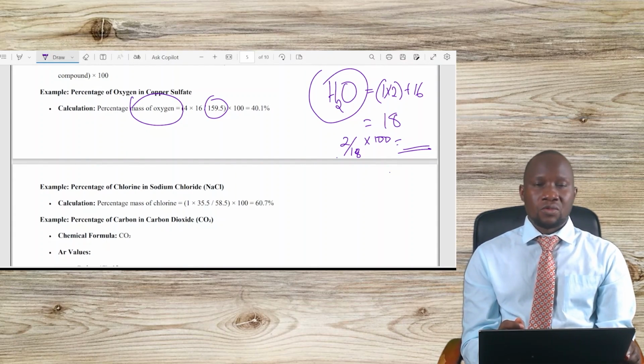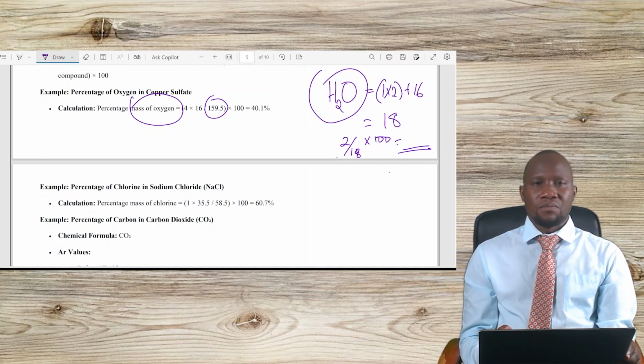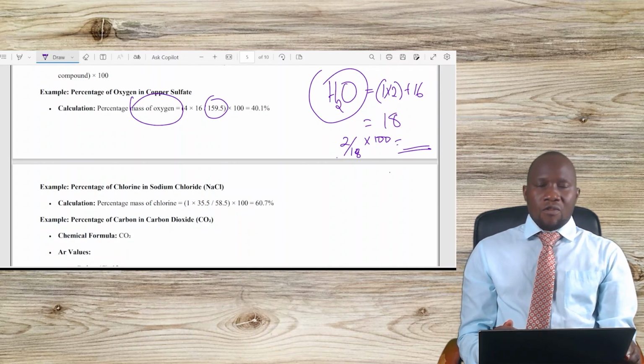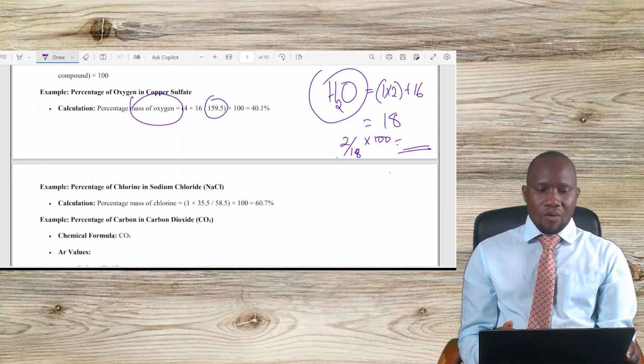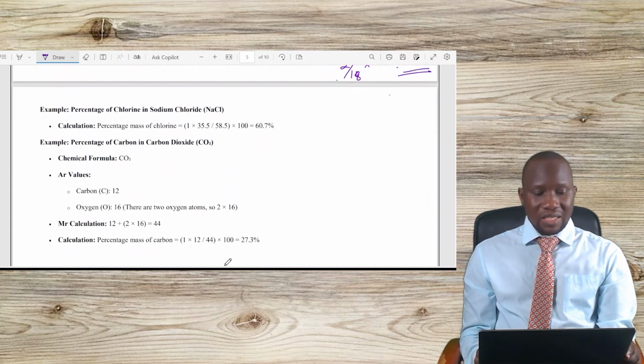So we have 4 atoms of oxygen times 16 over the overall relative formula mass for copper sulfate. Is that clear?